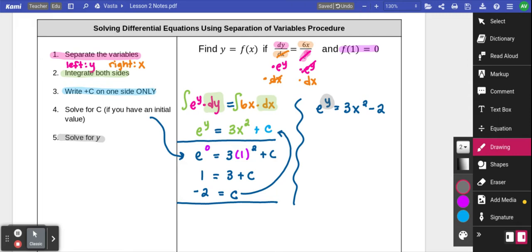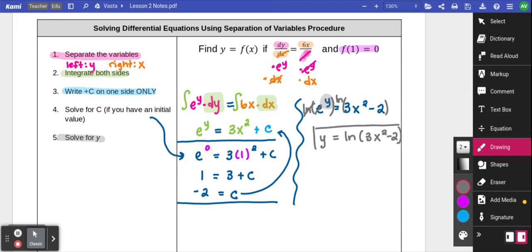So step number 1 is to undo e, and the inverse operation would be the natural log. So I'm going to do the natural log of both sides of this equation. The natural log and e cancel, so I just get y equals the natural log of 3x squared minus 2.